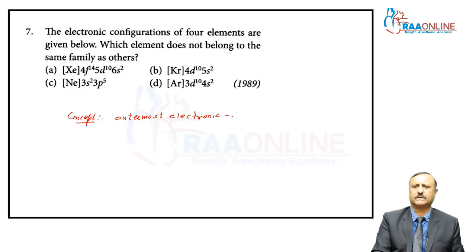This is the concept. Here, my dear students, when the outermost electronic configuration is ns 1 to 2, it is s block elements, all elements are present in s block elements.